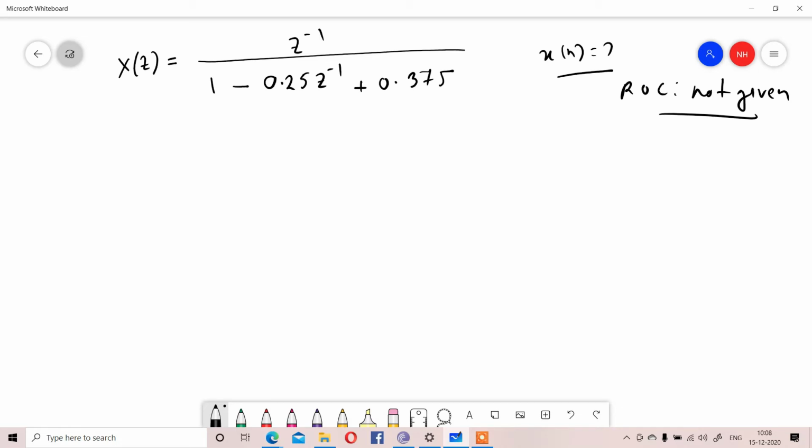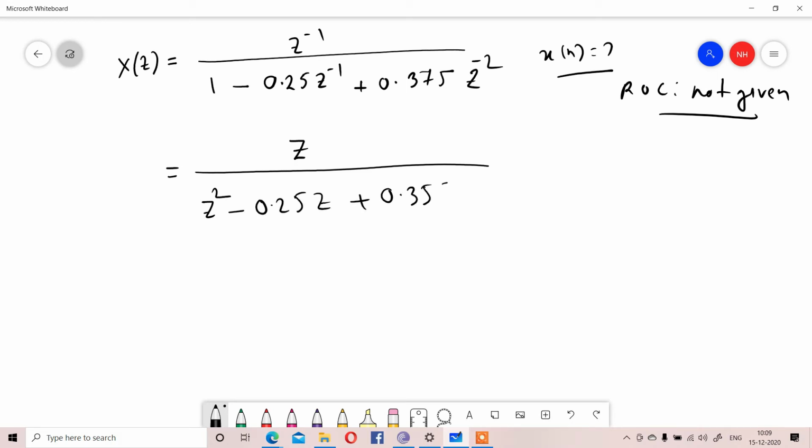So obviously, first step is you need to calculate the poles. For that, you have to remove all the negative powers of z. So you have to multiply it by the maximum power of z, that is z square. So it will be z square minus 0.25 z plus 0.375 in the denominator.